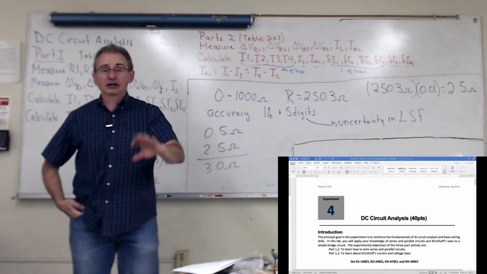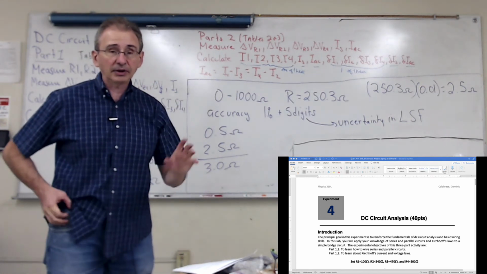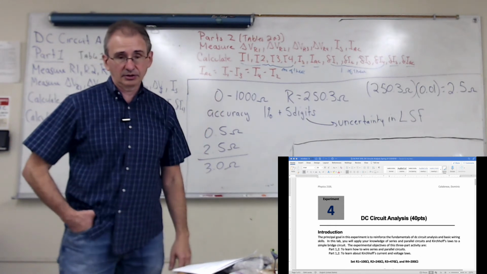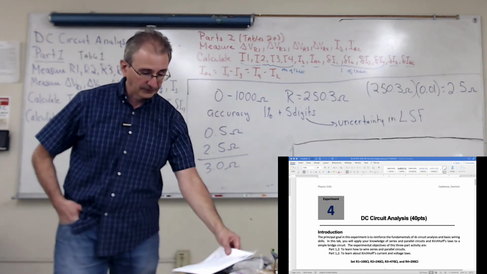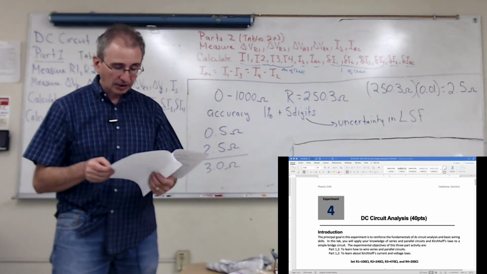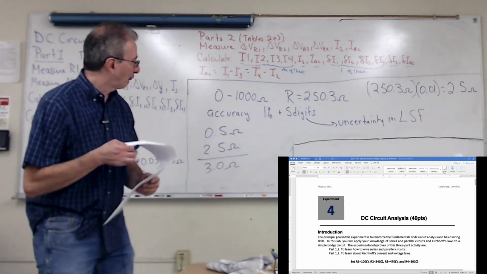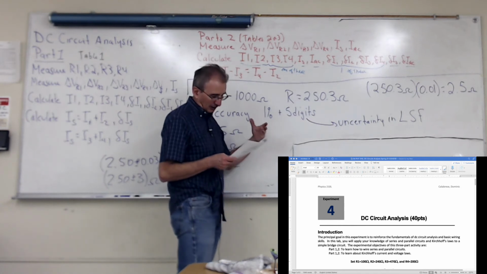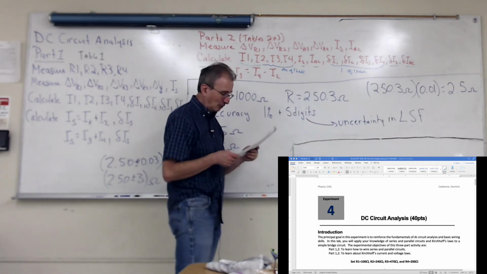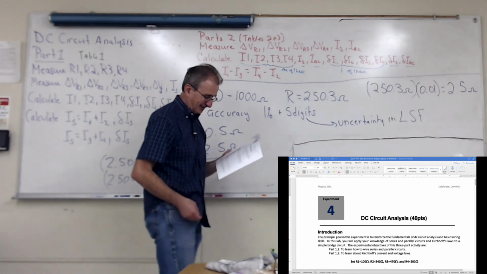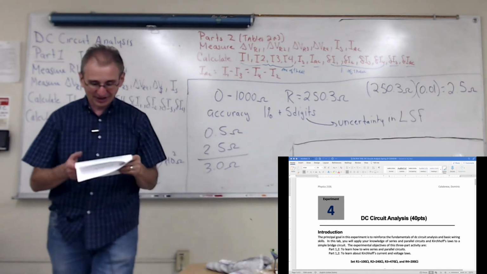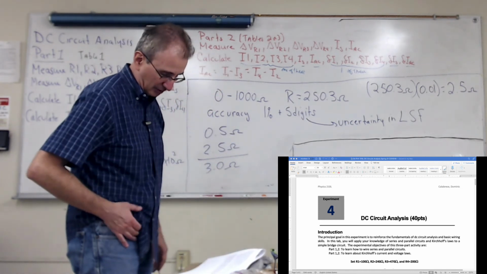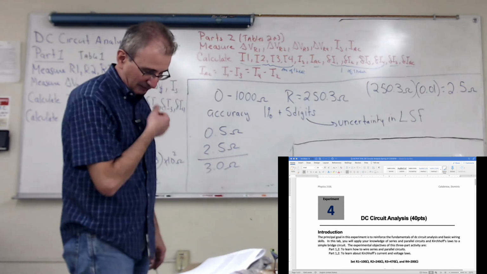Yeah, they're all going to be like that. They'll all be listed as a percentage plus digits. All right, just making sure that wasn't unique to resistance. No, the format is the same for all of them. In fact, in the lab, I give you one for current. So you get a different one, but the formatting is the same.